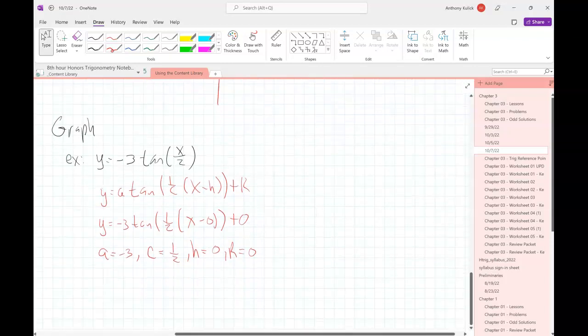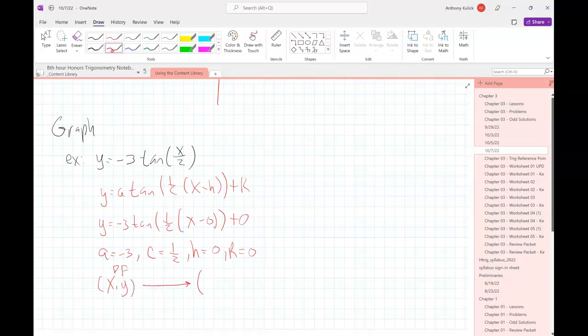So that's going to allow me to write my transformation map, where I take a point from my parent function and transform it to a point on my resultant function by using the map (cx plus h, ay plus k), which if you haven't memorized that by now, you definitely want to get on that. It's like the fourth or fifth type of problem where we've had to use this to do something, right?